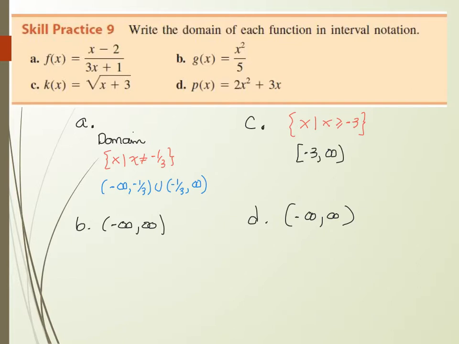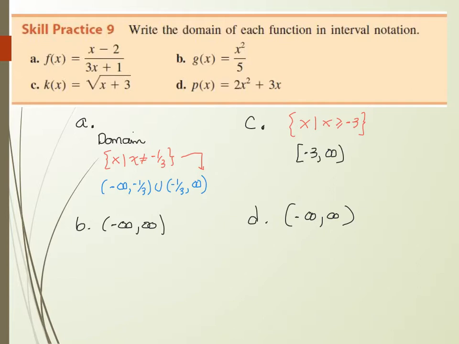The domain has a restriction: x cannot equal negative 1/3 because we can't divide by 0. So from set builder notation to interval notation, we can show you that A has the domain of negative infinity to negative 1/3 union negative 1/3 to infinity.